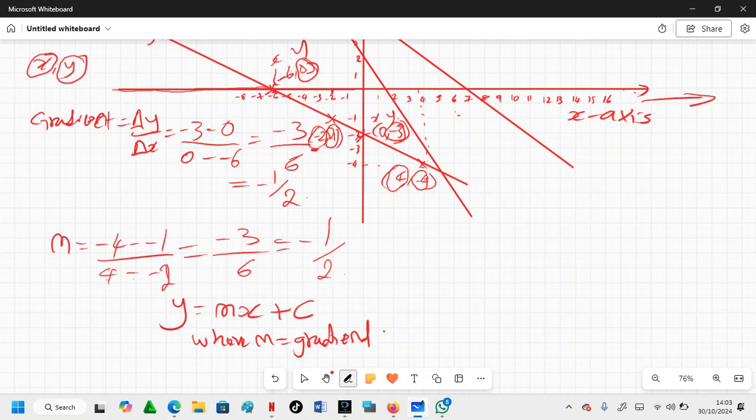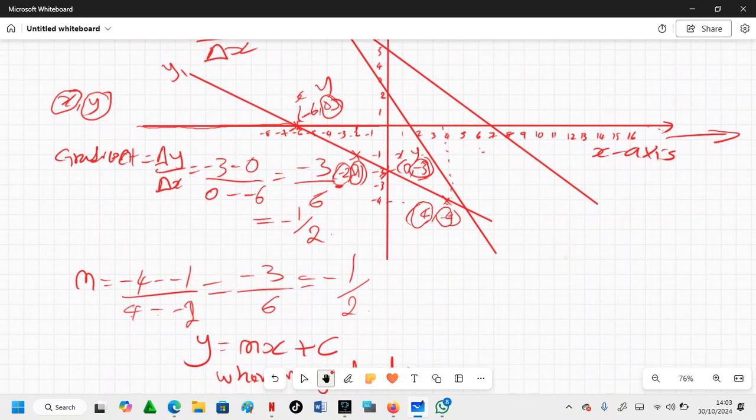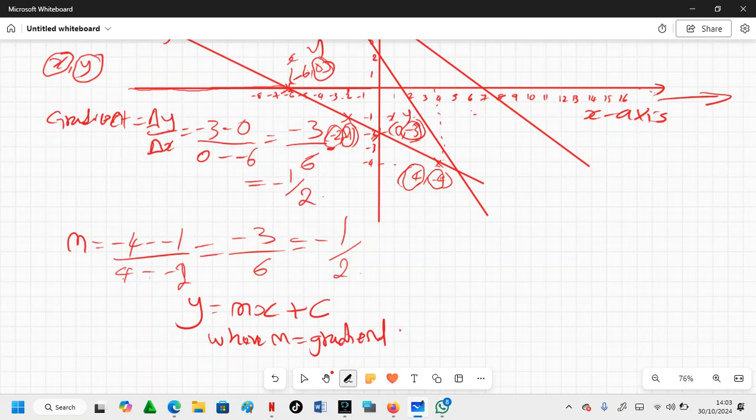So for this line that you're dealing with, the line that you've called y1, we already have m, and m is -1 over 2. Now I'm going to say c is the y-intercept.